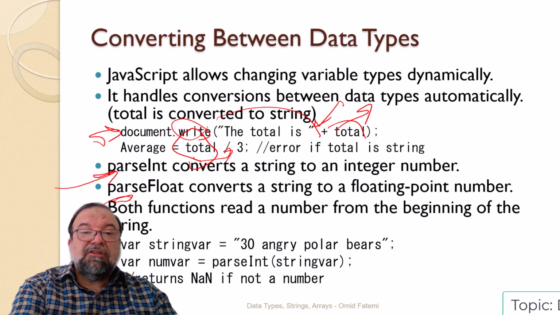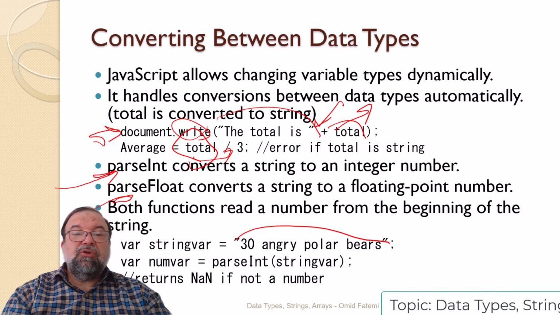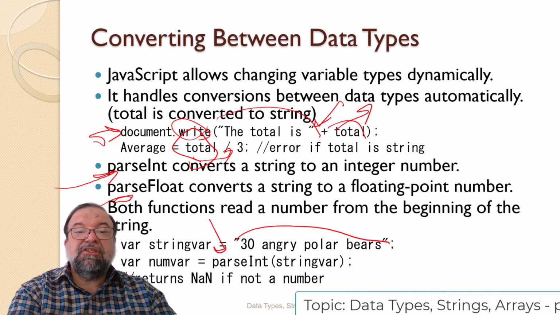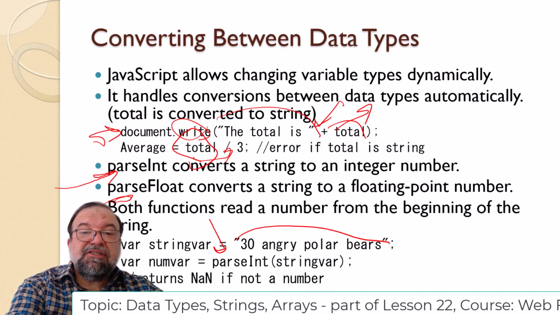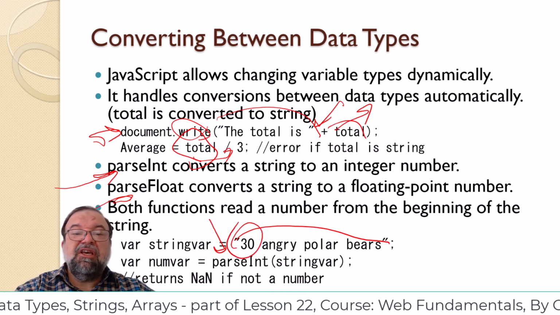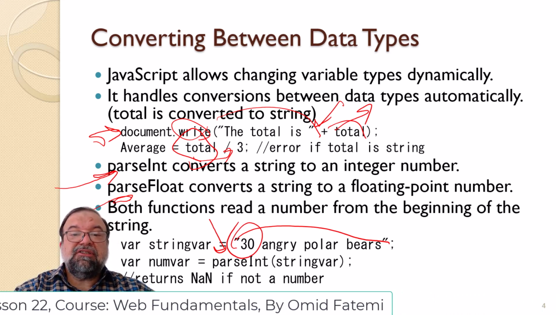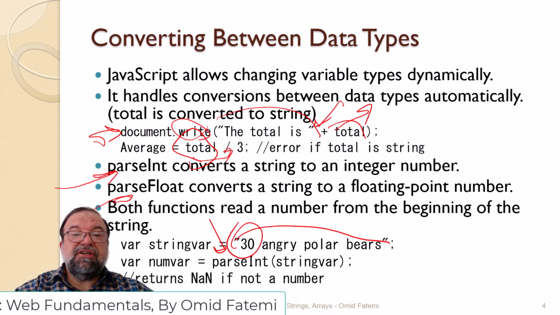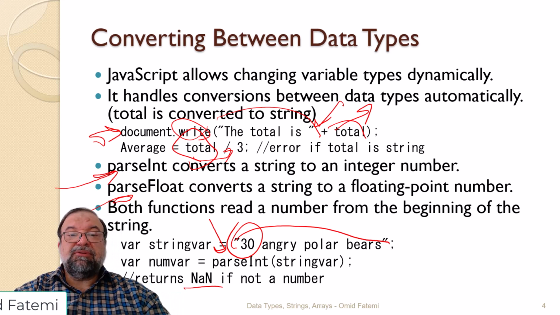For example, the string is "30 angry polar bears". When you use the parseInt function to convert this to an integer number, the first number is 30. So the number would be 30. If there is nothing there and JavaScript cannot find an integer at the beginning of the string, it returns NaN, not a number value.